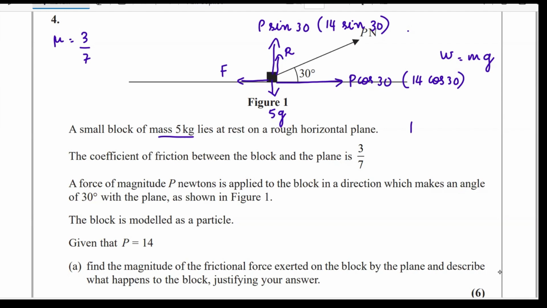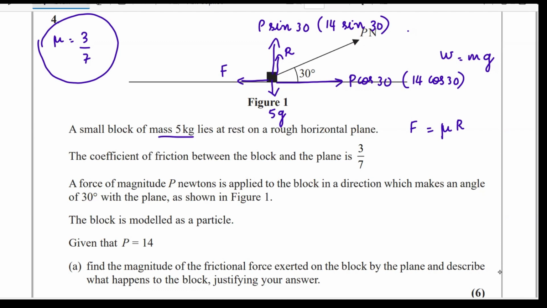We know the formula to find the frictional force. F is equal to mu, the coefficient of friction, multiplied by R, the normal reaction. But we don't know the normal reaction here. We know the mu value is 3 by 7. So first we'll equate the forces vertically.